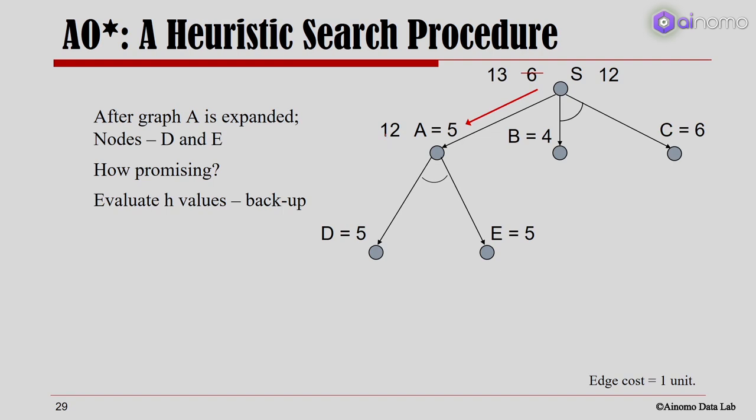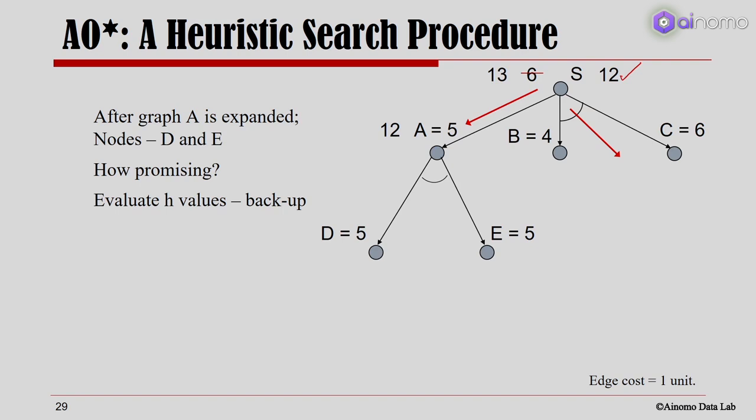The moment I have a 12 here for A, now this side would be 12 plus 1, 13 instead of 6. And now a little close examination will make you realize that this path no longer is promising for us. This has an estimate of 12 and it becomes more promising. So, I will rather follow that than going into expanding D or E further.